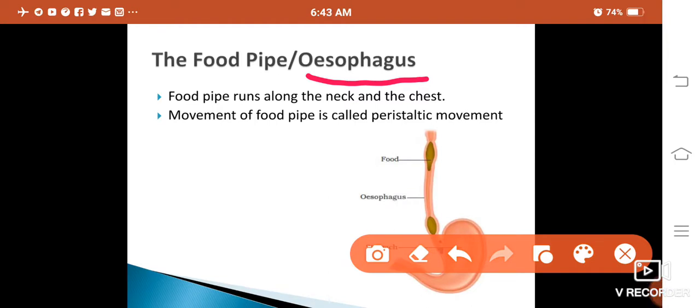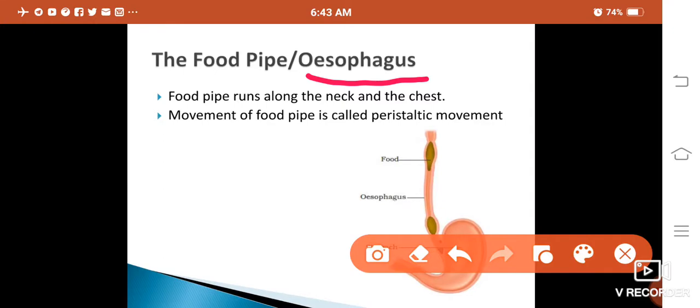It runs along the neck to the chest, from mouth to the stomach. The movement of the food pipe is called peristaltic movement. When food enters inside the food pipe, it makes an up and down movement, contraction and relaxation, and that movement is known as peristaltic movement.